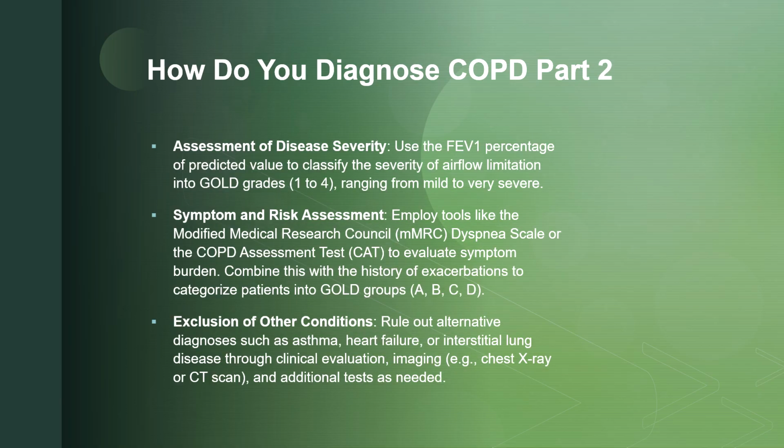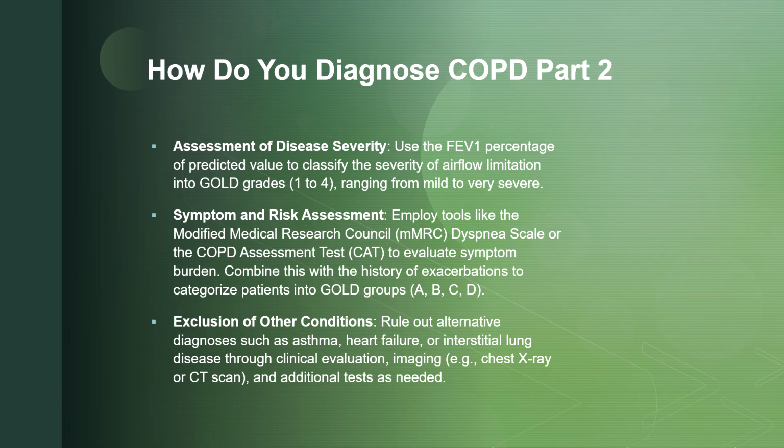This is the second part on how to diagnose COPD, part 2. It's actually a continuation of the first part. So another very important way of diagnosing COPD through the gold standards is the assessment of disease severity.